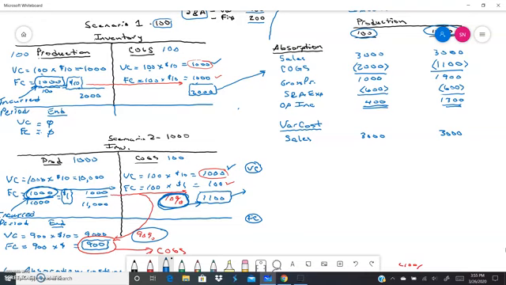So we're going to go ahead first with our variable manufacturing, and this is really the variable piece that we calculated up above. The 100 units at $10, which was the 1,000. And again, this is the same in both scenarios. We're selling 100 units. The variable cost of each was $10.